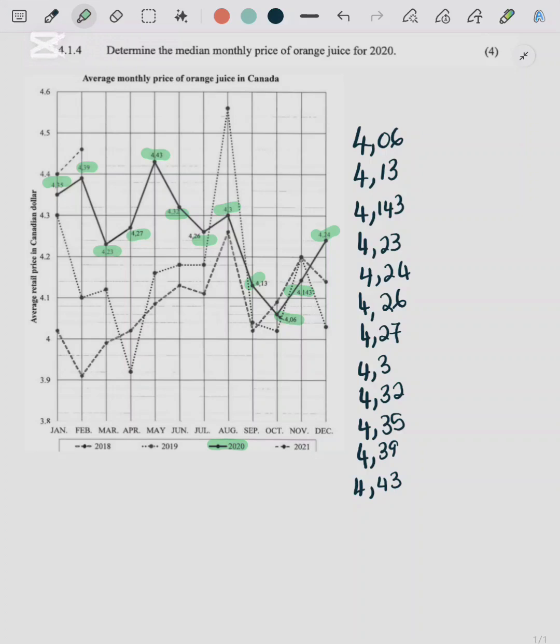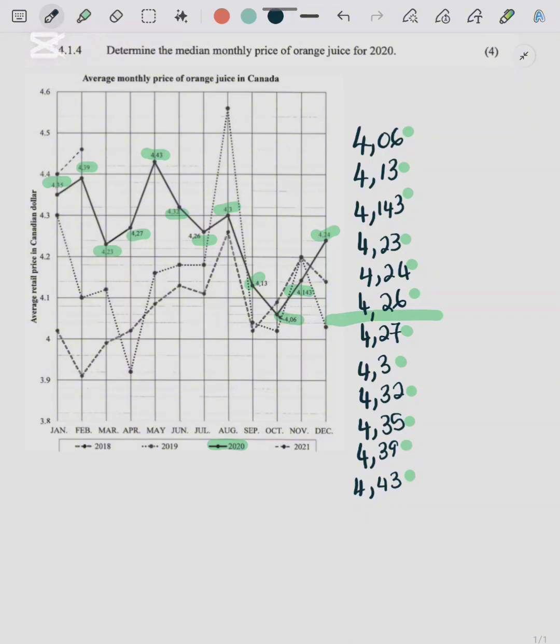Now there are 12 values because there's 12 months. So half of 12 is 6. So that tells me we need to have 6 values above the median and 6 values below the median. So if I count that, 1, 2, 3, 4, 5, 6, my median should be there. And we can just check it by counting 1, 2, 3, 4, 5, 6 on the other side of it. So that tells me my median is going to be in between 4,26 and 4,27.